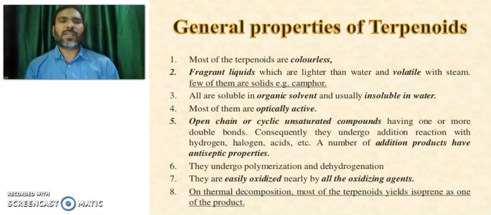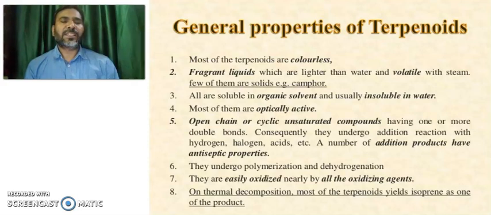They are open chain or cyclic unsaturated compounds having one or more double bonds. Consequently, they undergo addition reactions with hydrogen, halogens, acids, and many more. A number of addition products have antiseptic properties.